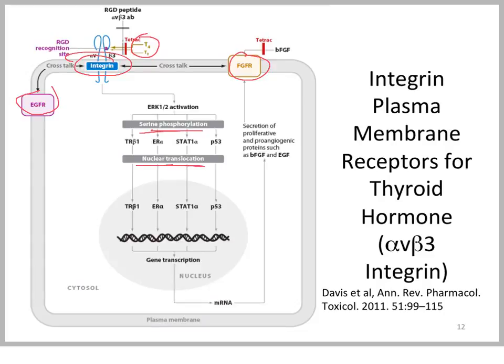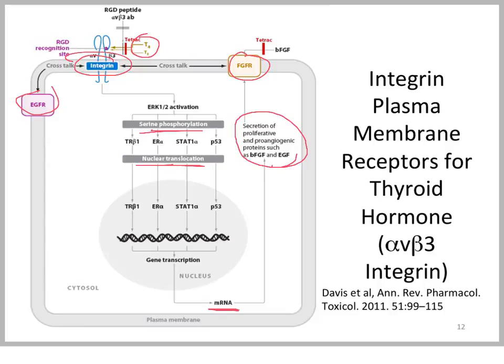It does interact with the nucleus with these transcription factors that alters at the end of the day a messenger RNA and the secretion of proliferative and pro-angiogenic proteins like fibroblast growth factor and epidermal growth factor, and they interact with their receptors. So why is this important?